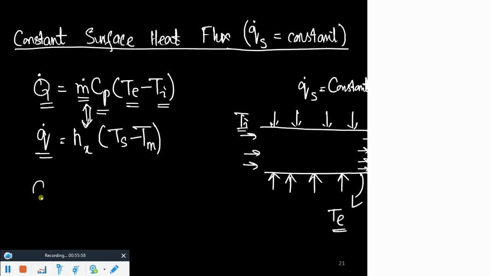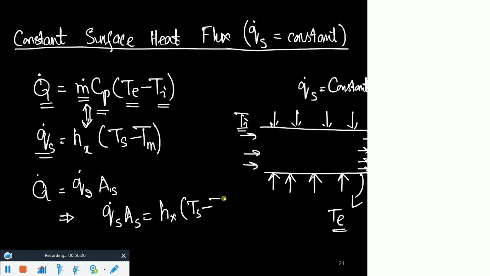So you can say that Q dot, let me put it as a subscript Qs, has to be per unit area, so I would multiply As with it. So what would you get? Q dot s As would be equal to hx Ts minus Tm. Can you write it like this?